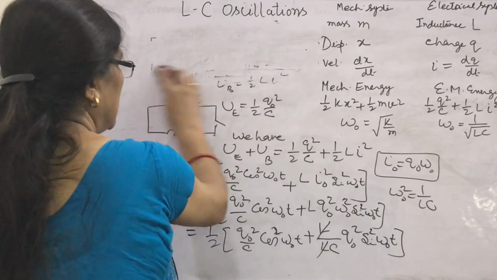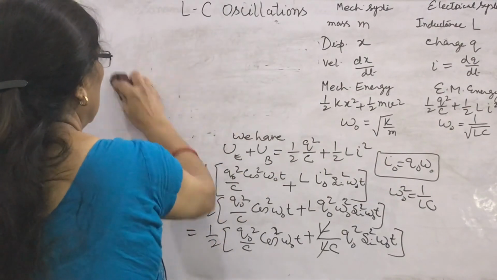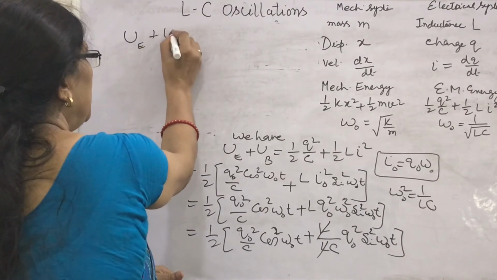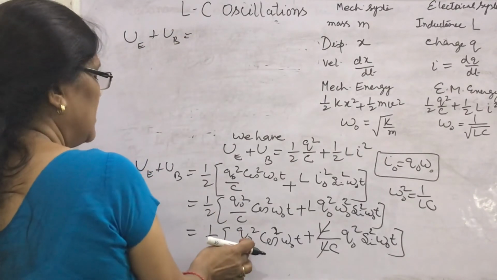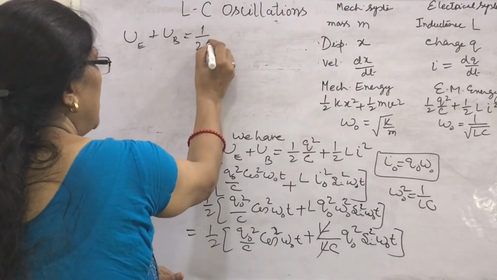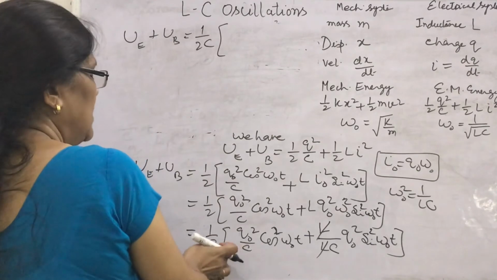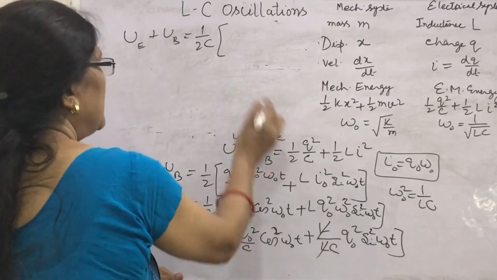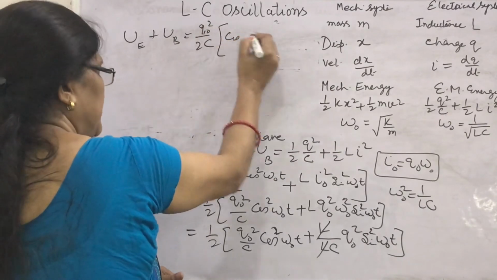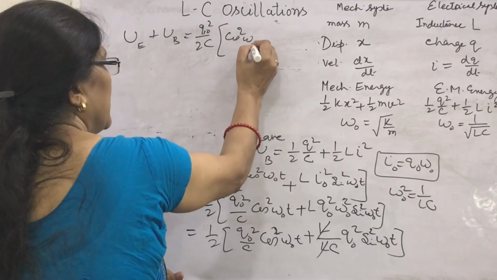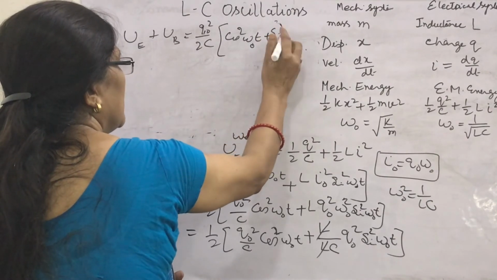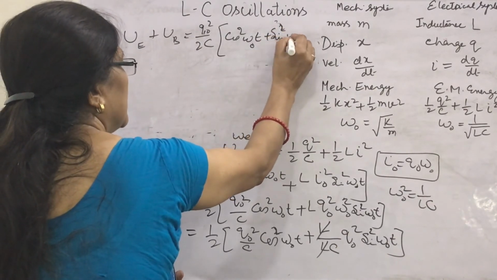So look, this UE plus UB: finally only C is left. You can write half and 1 upon C, q naught square. What is left within the bracket? Cos square omega naught t plus sin square omega naught t.